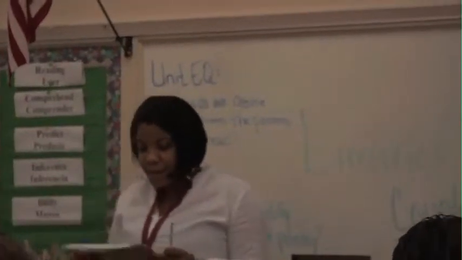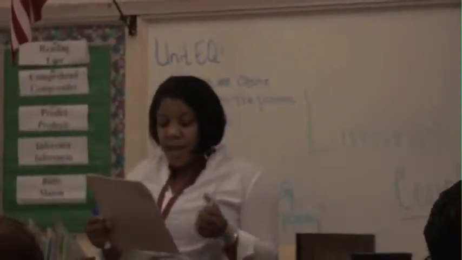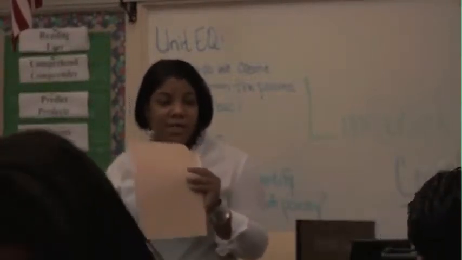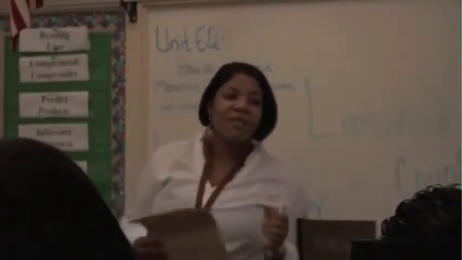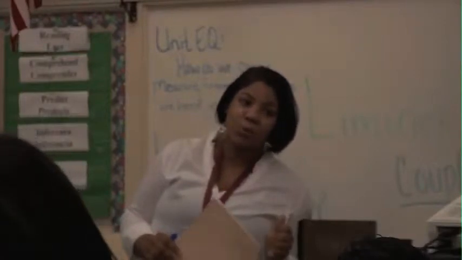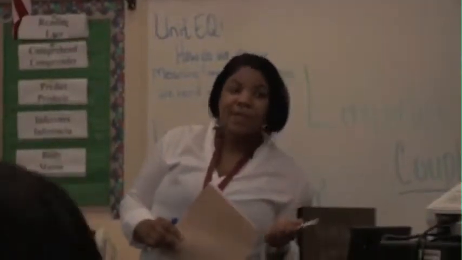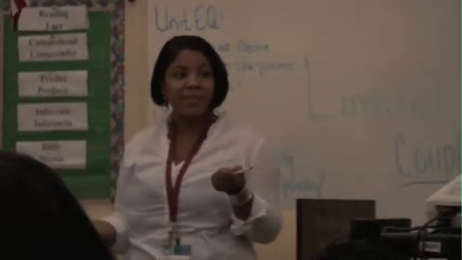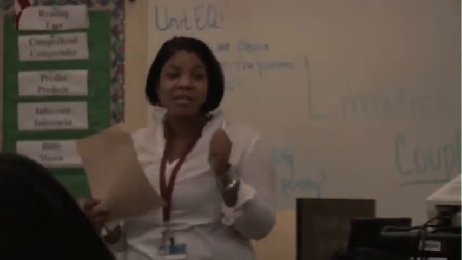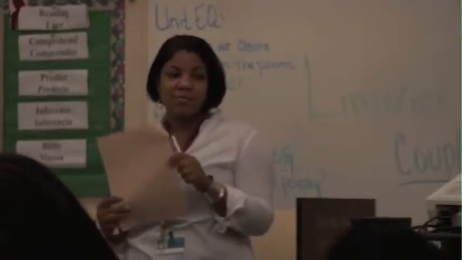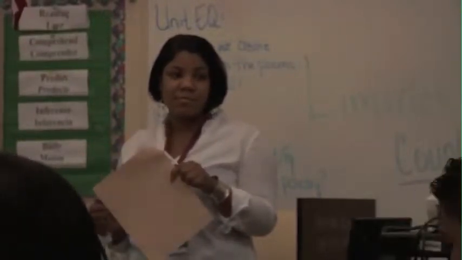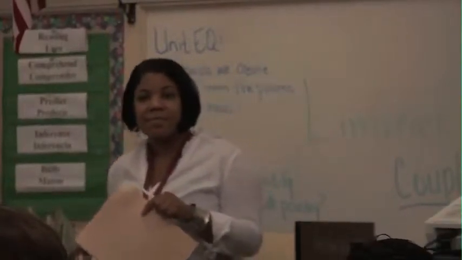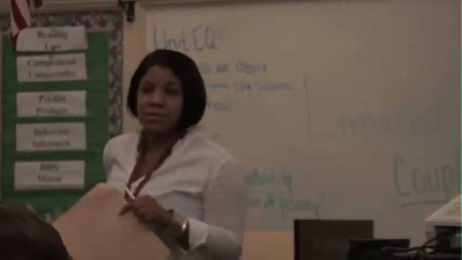Alright? And it has to rhyme. Both lines, both the words at the end rhyme. And you also have to have the same number of syllables in each one. So it'd be AA. Okay? Say it again. Both lines must rhyme and have the same number of syllables.